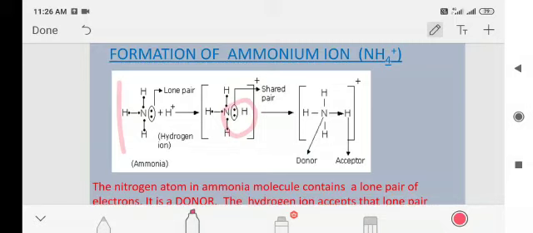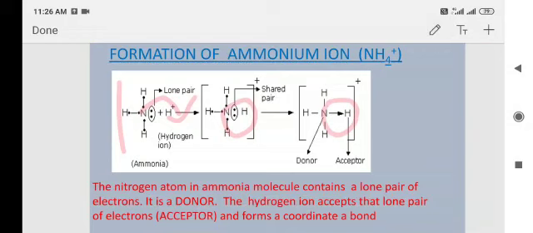These 2 electrons are the lone pair donated by nitrogen. This nitrogen atom donated those 2 electrons, donated in the sense shared. Both are making use of those 2 electrons. That is why that bond is represented with an arrow sign. That means those 2 electrons are used by both the atoms but donated from one side. Such a bond is called a coordinate bond.